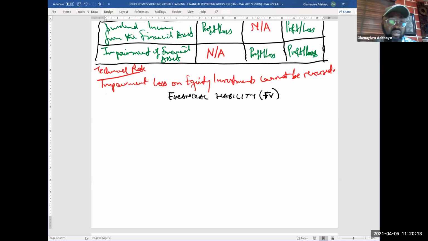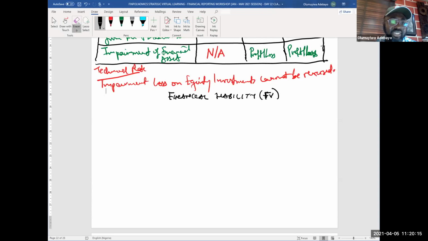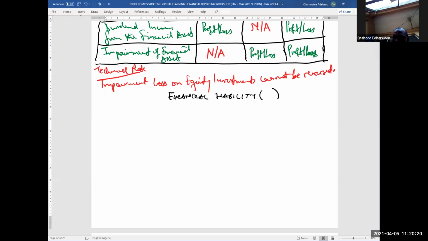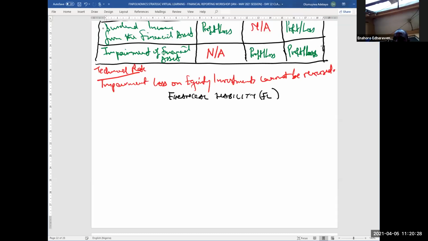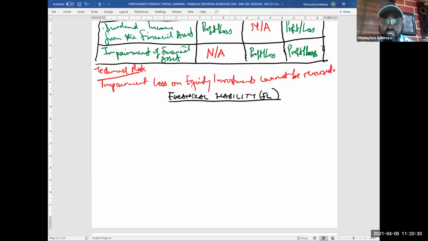Because it fluctuates. No, that means you didn't get what we have said clearly. There's a difference between impairment loss and fair value loss. They are not the same. Fair value loss is a temporary movement in the value of a financial asset. Impairment loss is a loss assessed based on the fact that you might not be able to recover the asset's carrying amount.